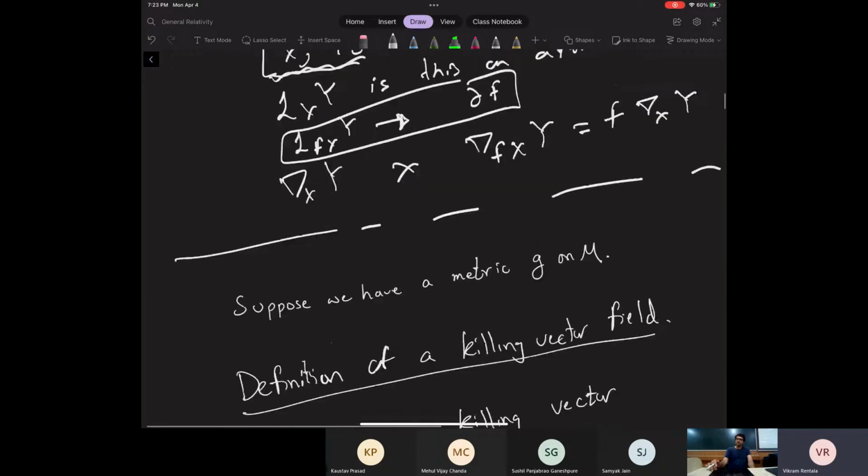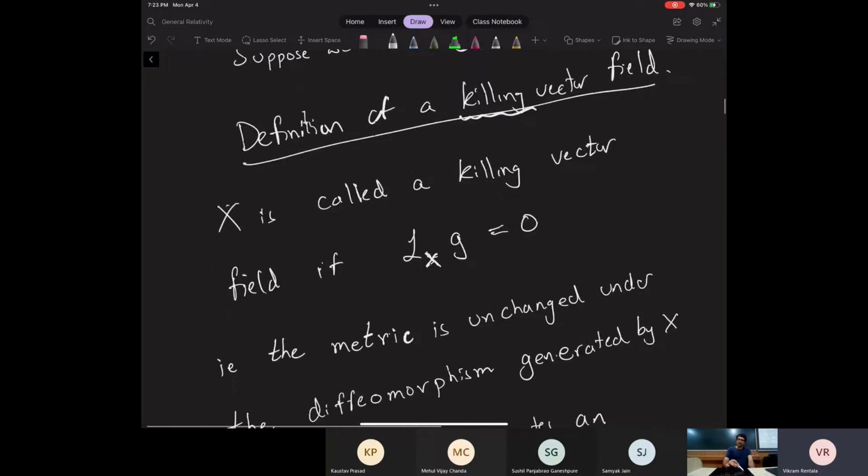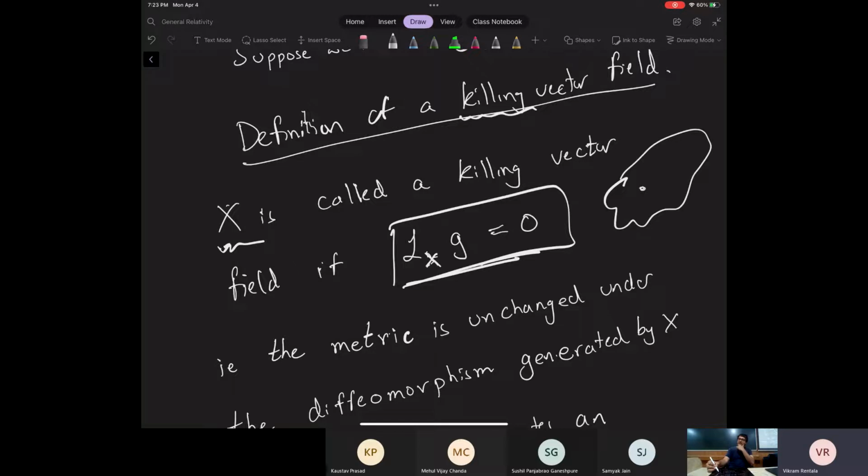Now what you can do is, suppose you have a metric g on the manifold. Now you can define something called a Killing vector field. So X is a vector field, and it's called a Killing vector field if the Lie derivative of the metric is 0. That is, under an infinitesimal diffeomorphism, which takes points x to points x prime, I have a metric at the point x prime, and I have a metric at the point x.